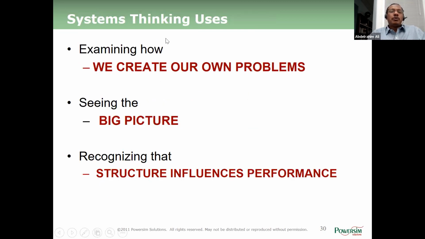Systems thinking is usually used to examine how we create our own problems. Any challenge we have is usually a result of previous thinking or interventions. It is used to see the big picture, because when you start rolling out your why questions, this leads to this, this leads to this, and you are trying to connect the dots and create relationships.